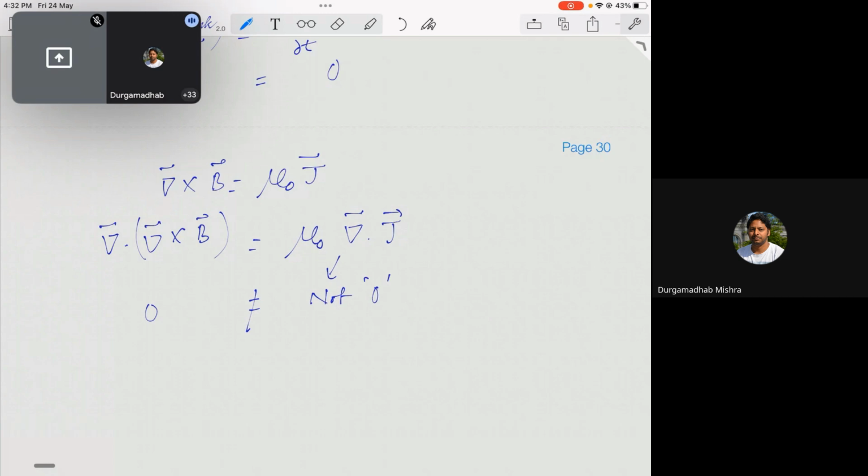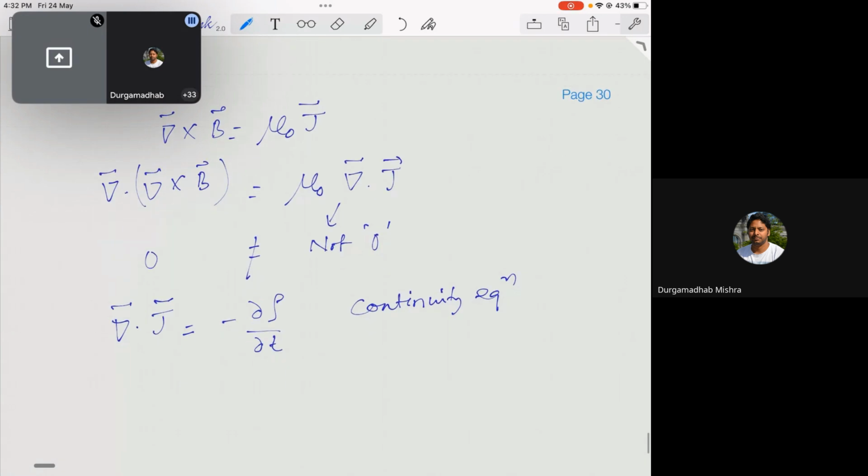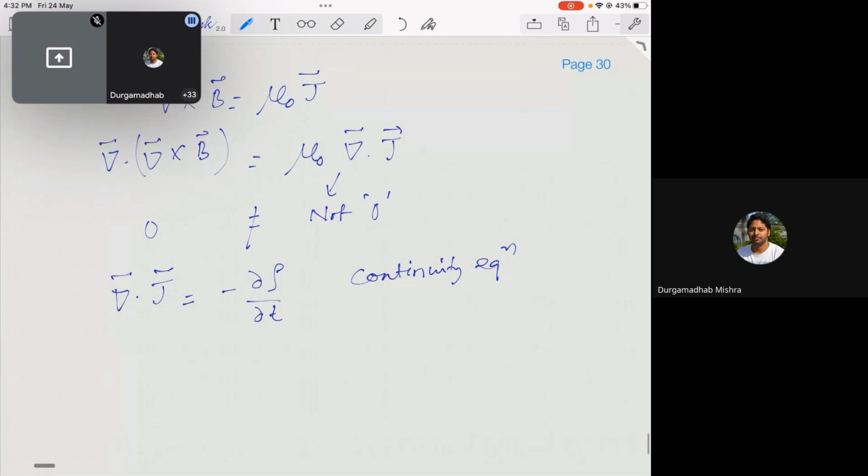Why? We saw that del dot J is equal to minus del rho by del T, which is the continuity equation, and it tells you the conservation of charge. If you have any charge density or charge distribution, then the right hand side of this equation is not 0.